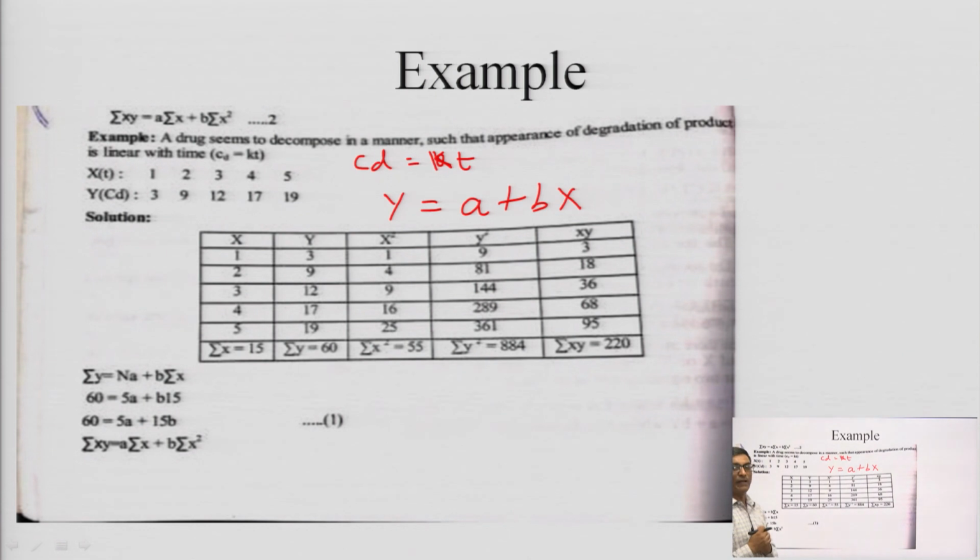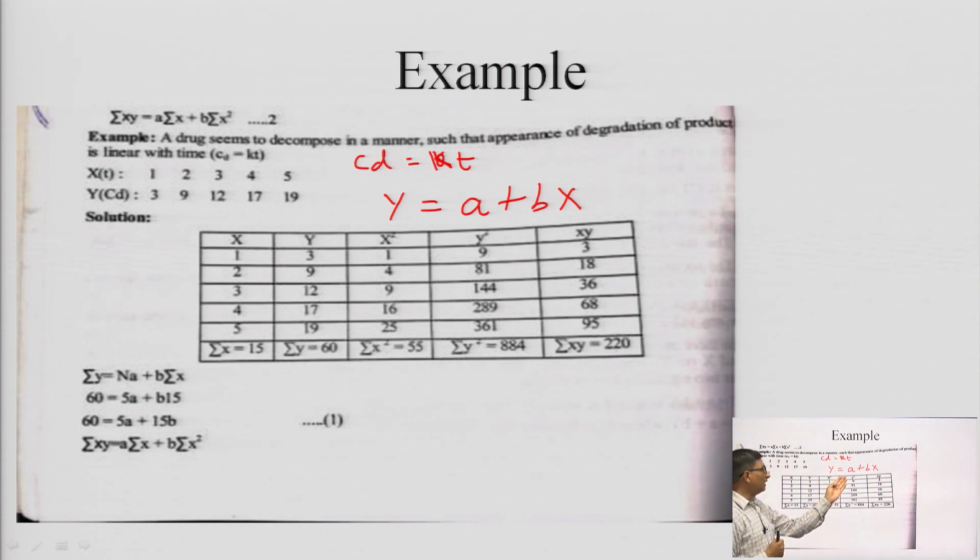Then we find the value of summation x square. To find it, we first square the values of x, that is 1 square 1, 2 square 4, 3 square 9, 4 square 16, 5 square 25, and then we find the total. So, summation x square is equal to 55.